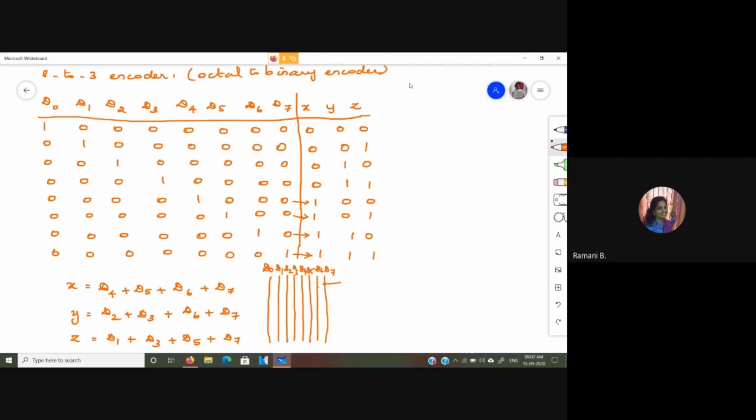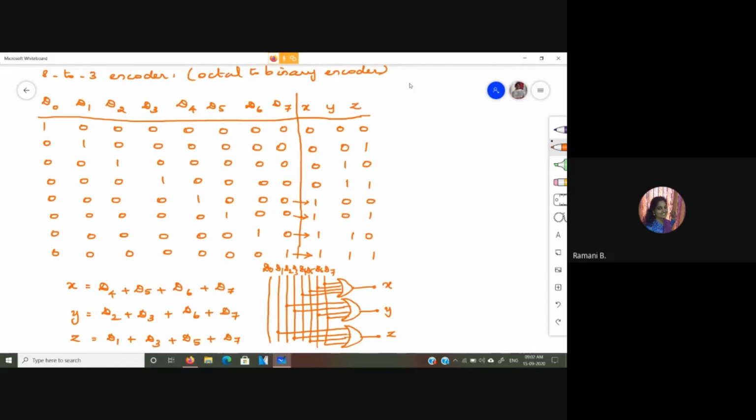So 4, 5, 6, and 7 given to an OR gate, we can get X. Then 2, 3, 6, and 7 gives me Y. And 1, 3, 5, and 7 gives us Z. So this would be the logic diagram for the octal to binary (8 to 3) encoder.